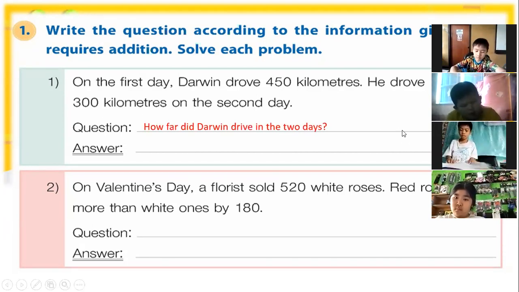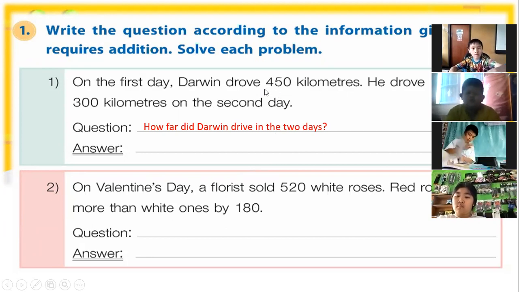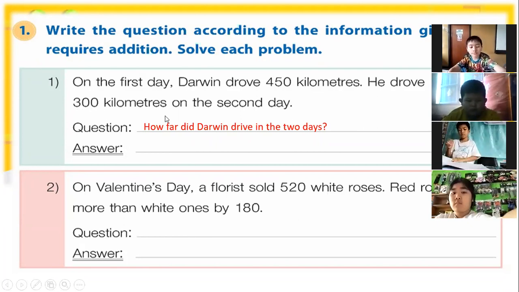Okay, let's see here. It's very simple, students. We have two pieces of information. The first information: on the first day, he drove 450 kilometers. The second information: on the second day, he drove 300 kilometers.